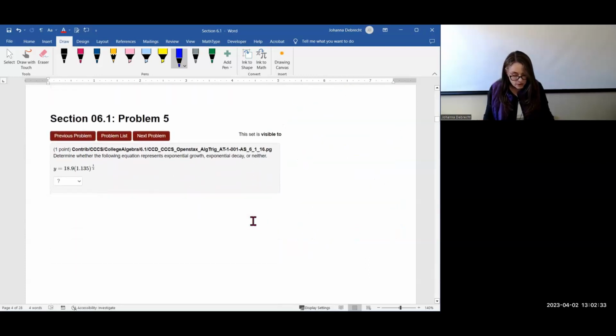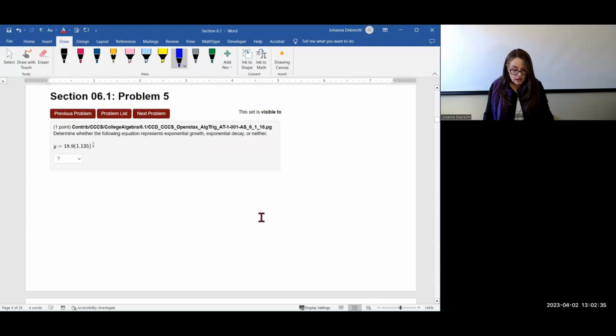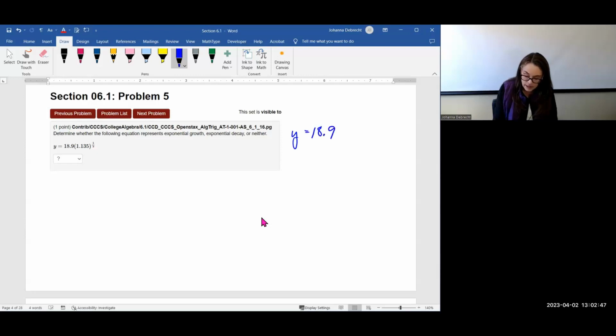Let's move on to problem number 5 now. Looking at problem 5, it again asks, is this exponential growth, exponential decay, or neither one? So let me write out this problem. At first glance, it looks like it might be exponential with an initial value of 18.9 and a growth factor of 1.135.